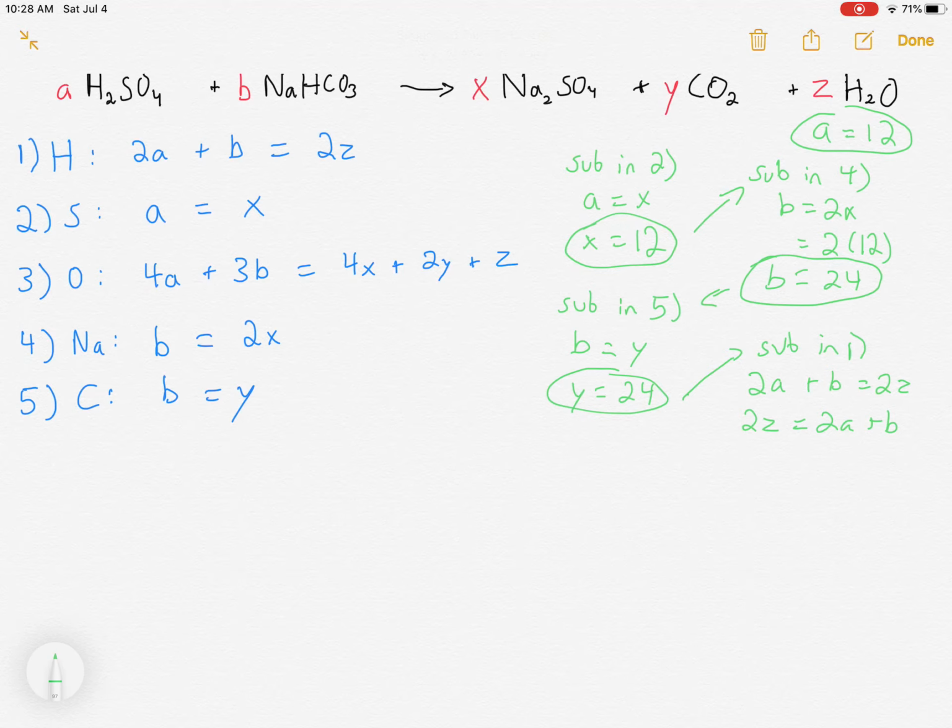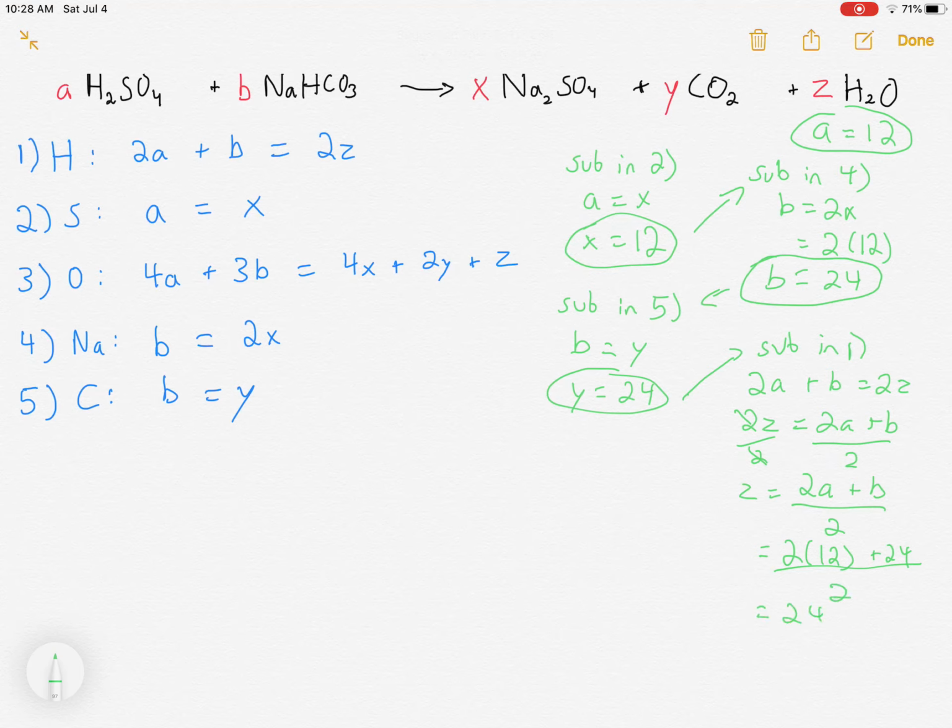Now also, to solve for z on its own, we're going to divide both sides of this equation by 2, right? Divide both sides by 2. The 2 cancels out on this side, and then you're left with z equals 2a plus b, all divided by 2. And then we sub in our variables. 2 times a, if a equals 12, that's 2 times 12, plus b equals 24, divided by 2.